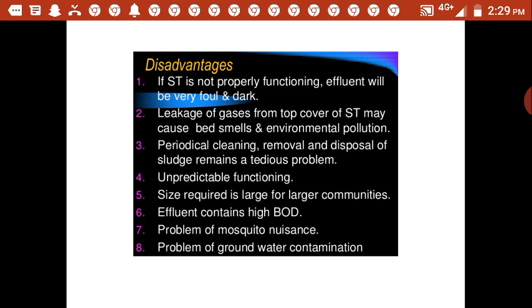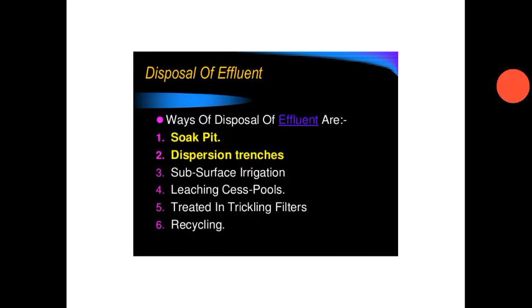So even if the BOD is 100 or 120, you are not supposed to dispose it as it is to a surface body. The treatment has to be processed further for disposal of the effluent.